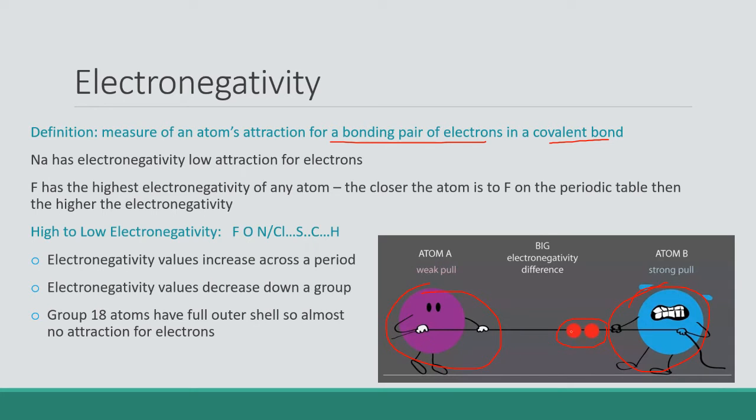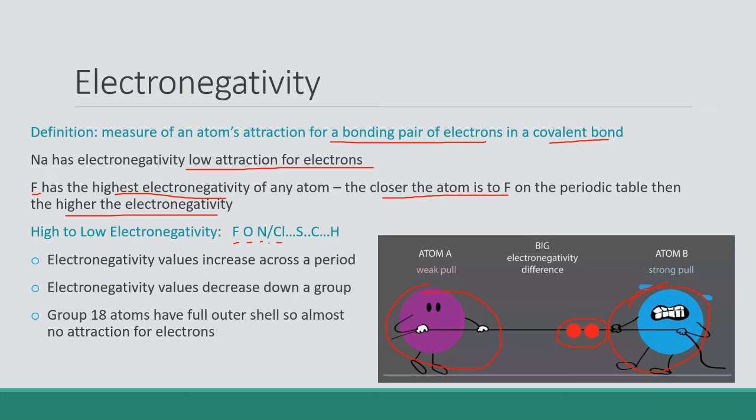within the covalent bond. For example, sodium has a low attraction for electrons, whereas fluorine actually has the highest electronegativity of any atom. So you can look at the periodic table and say the closer an atom is to fluorine on the periodic table, the higher the electronegativity. Atoms that have high electronegativity are fluorine, oxygen, nitrogen.